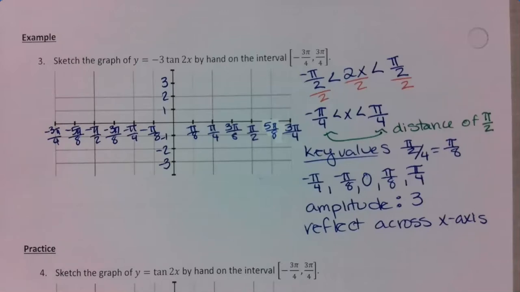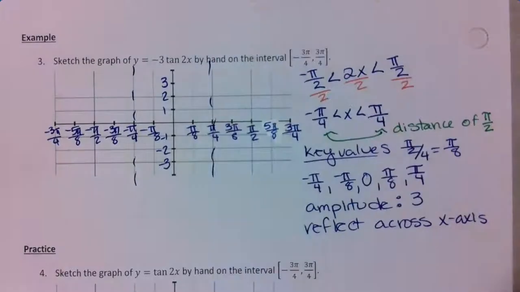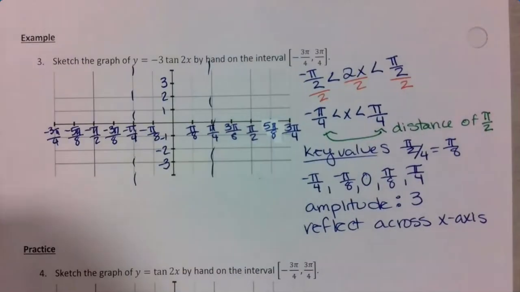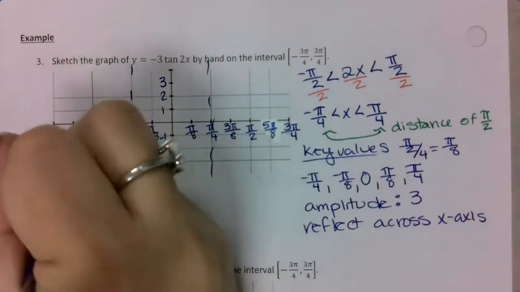Okay, where do I want to put my asymptotes? Pi fourths and negative pi fourths. And then I'm going to plug in the negative pi eighths and the positive pi eighths and 0.